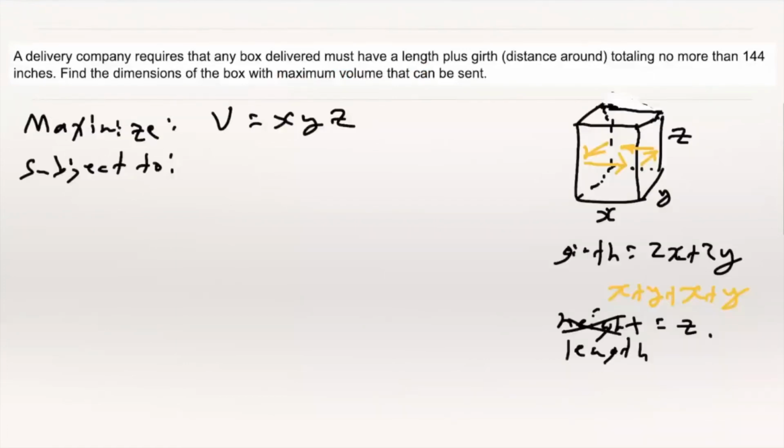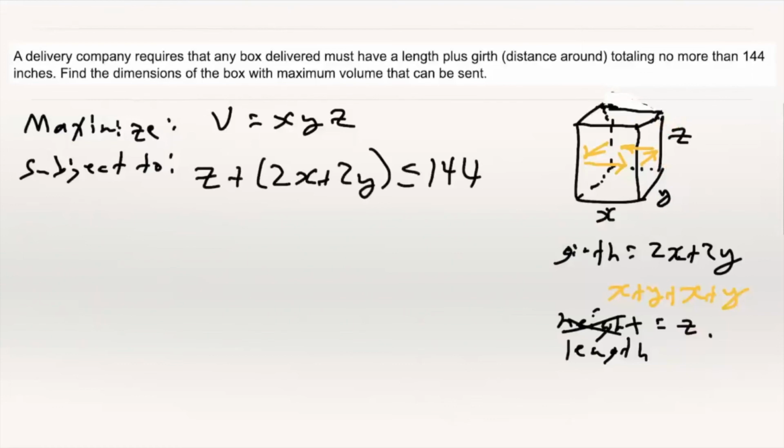Okay, so first let's be clear on what we mean by the girth. So we have this box, say with dimensions x, y, and z. The girth is the distance around, so it'd be x plus y going all the way around. That's 2x plus 2y. And then we have our length, which is z. And we want to maximize the volume. The volume is, of course, xyz, subject to the constraint that the length plus the girth, which is 2x plus 2y, must be no more than 144.